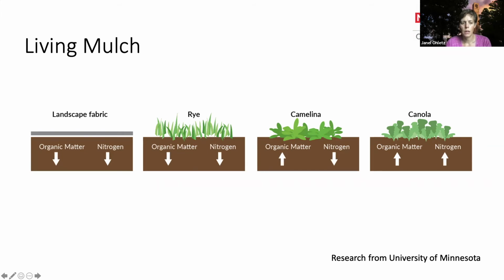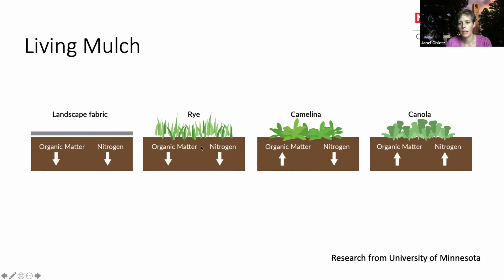And as you can see, with the landscape fabric, it went down, and the rye as well went down. And both of this is depending on what time they measured. Likely this obviously did not add, because if you're growing on landscape fabric, it's not adding any organic matter or nitrogen. You would have to fertilize.